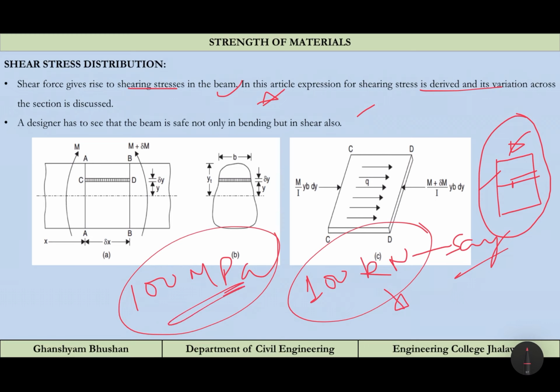So this allowable stress is a material property. Any component on any plane, the shear stress or the bending stress, cannot exceed the permissible stress in bending or the permissible stress in tension.